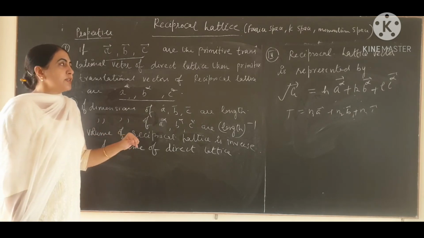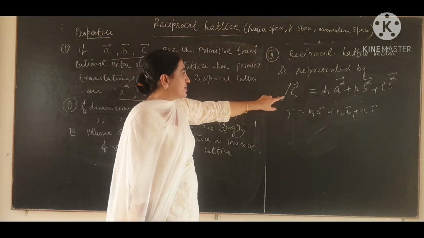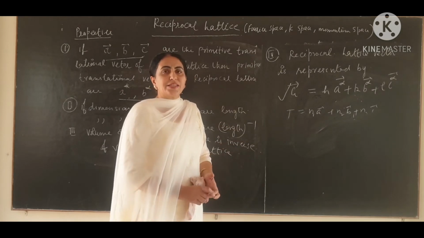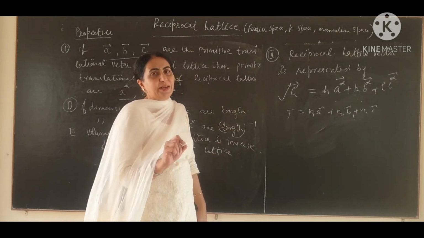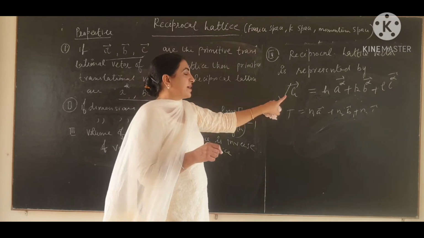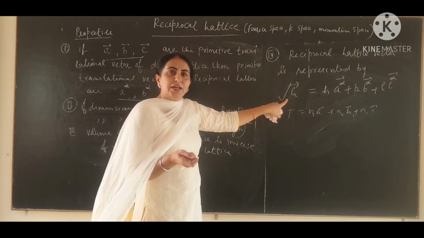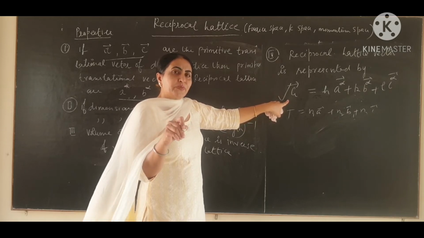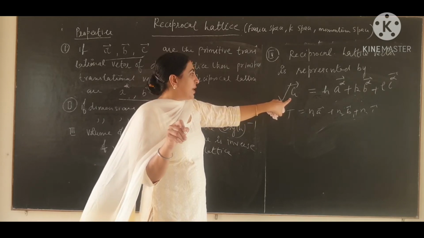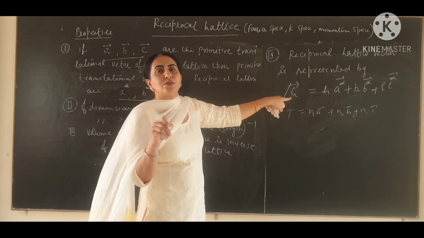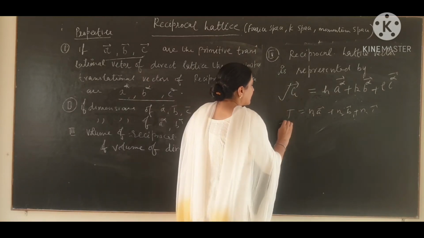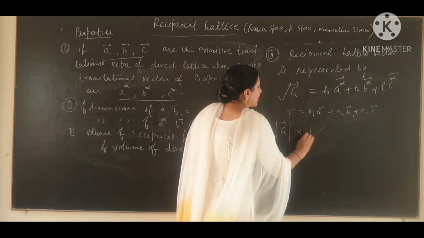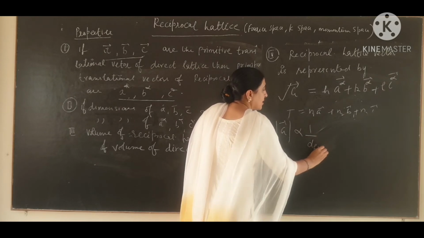The volume is also inversely proportional, and G is the reciprocal lattice vector. The length assigned to the reciprocal lattice vector is 1 over d. This reciprocal lattice vector is normal to the crystal planes in the direct lattice. G is normal to the lattice planes in the direct lattice, and the magnitude of G is 1 over d. That's clear.